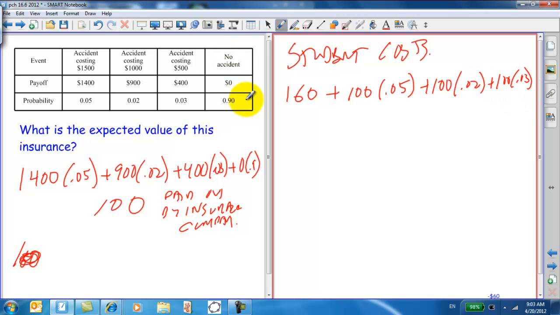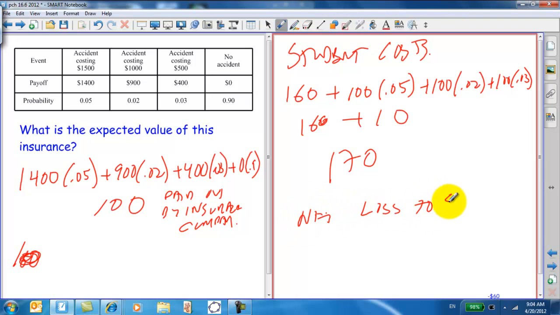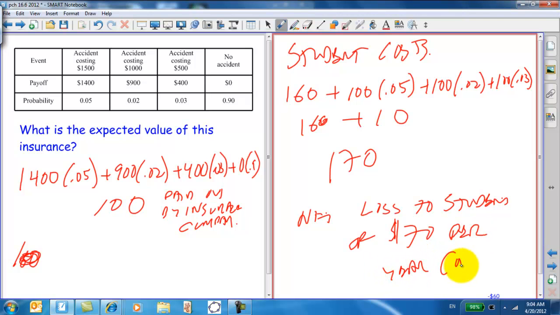So let's see what that adds up to. 160 plus 100 times 0.05 plus 100 times 0.02 plus 100 times 0.03. And you end up paying another basically $10, 160 plus 10, or $170. So it is a net loss to the student of $70 per year on average.